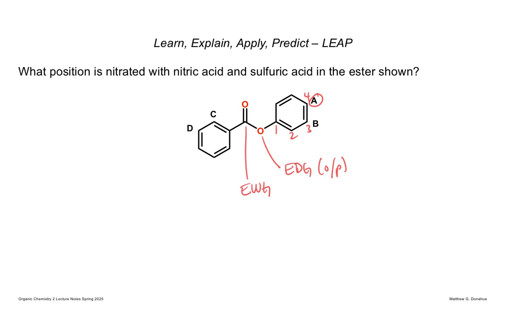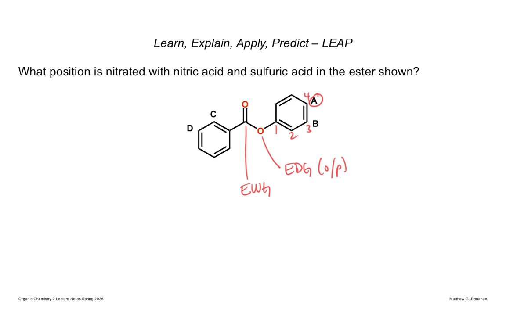Is there always going to be one EWG and one EDG in these? No. There's situations where you can have two electron donating groups on the ring. And then really what you have to do is look at the respective contribution of each.